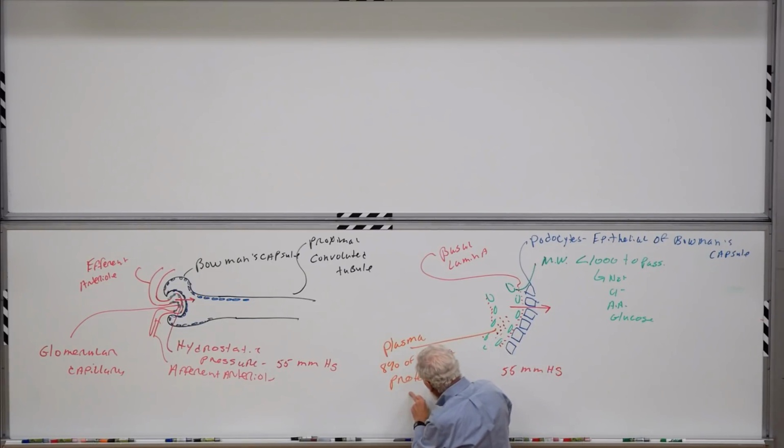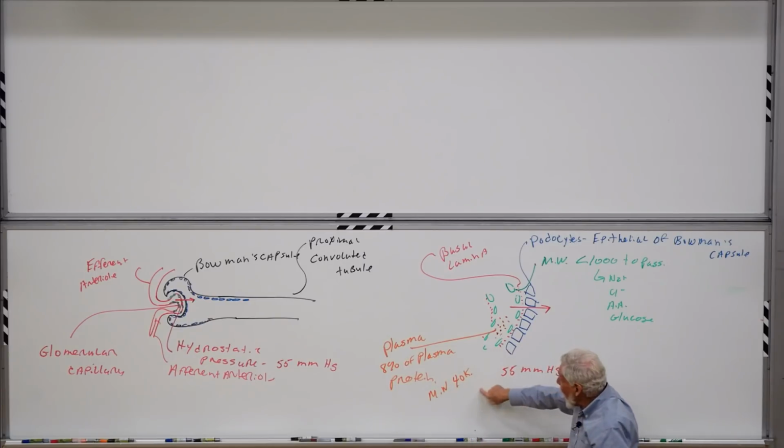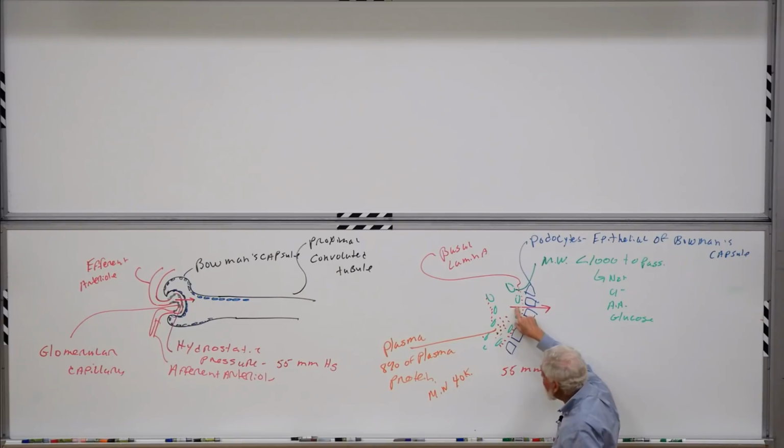The protein here in plasma has a molecular weight of about 40,000. So we have these big protein molecules. They're much too large to move through the tiny sieve holes that are the spaces between the endothelial cells. So we leave the protein behind, but we squeeze the water out.